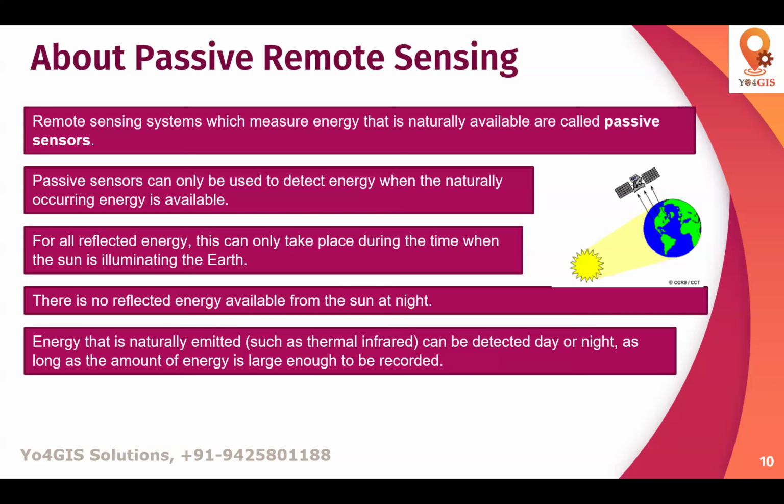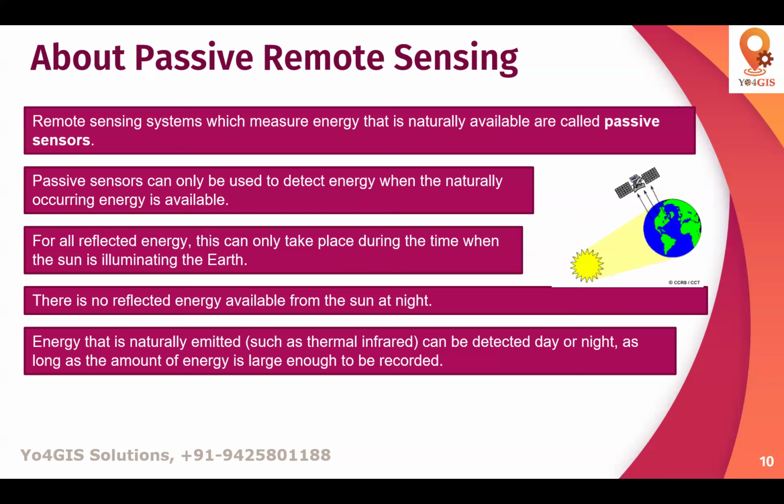A passive sensor can only be used to detect energy when the naturally occurring energy is available. That we already know. If in your mobile you don't have the flash, then definitely you cannot take the photo in night time. You have to wait till morning.